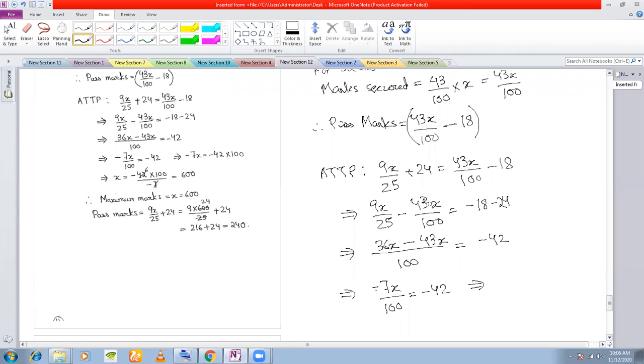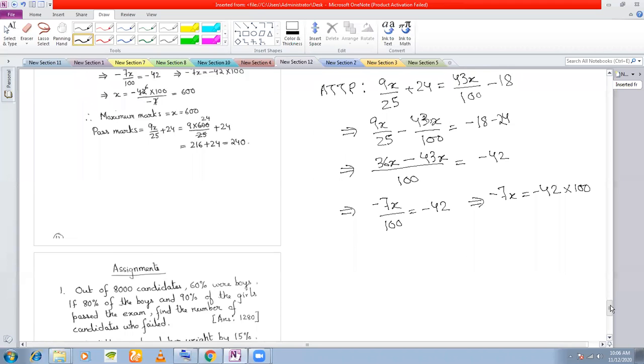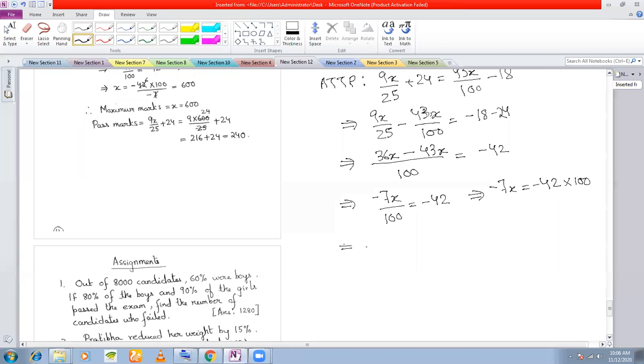That means you get minus 7x is equal to minus 42 into 100. So that means you get x is equal to minus 42 into 100 divided by minus 7. So clearly here minus and minus cancel. 7 will cancel with 42, so you get 600.